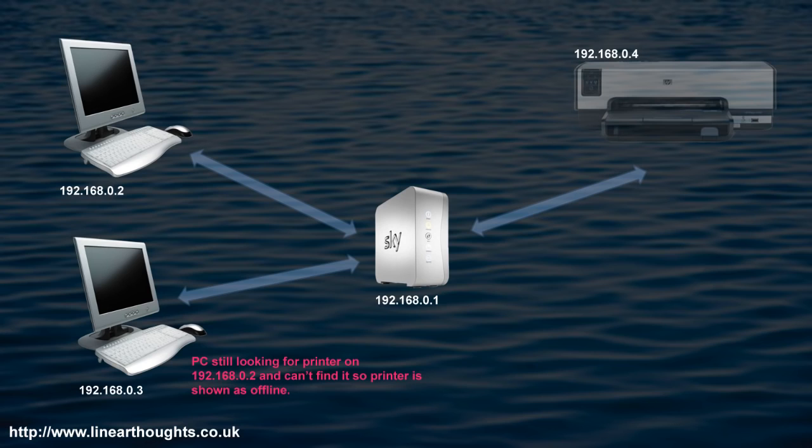The problem we have is the PC bottom left, although it has a new IP address itself, is still looking for the printer on the original IP address, and as a result of the IP address being changed through this new network being powered on, it can't see the printer, and this is the reason we get a printer offline message being shown on that PC at that point in time.